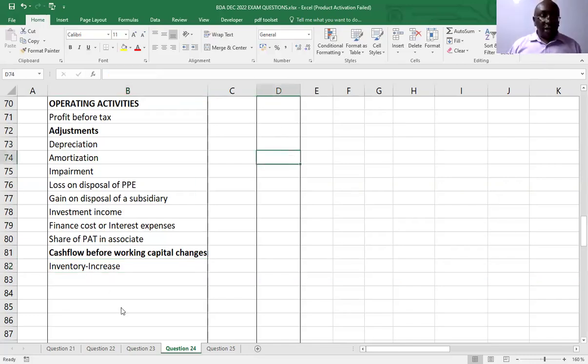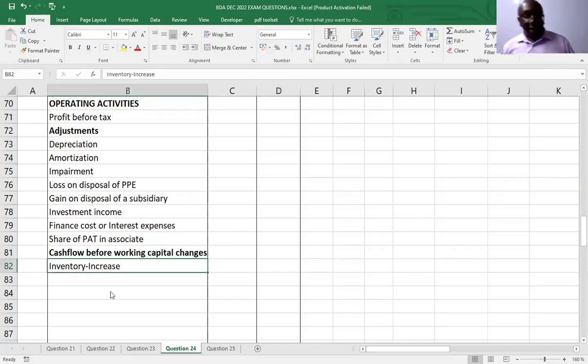So what I was saying, I'm thinking instead of writing increase or decrease, let's write we have the inventory.